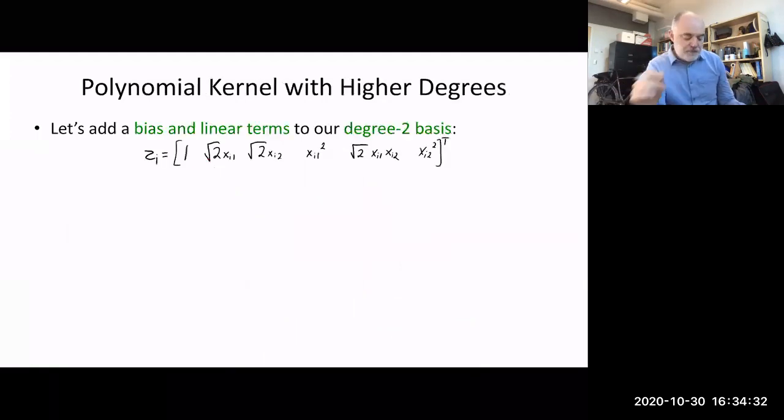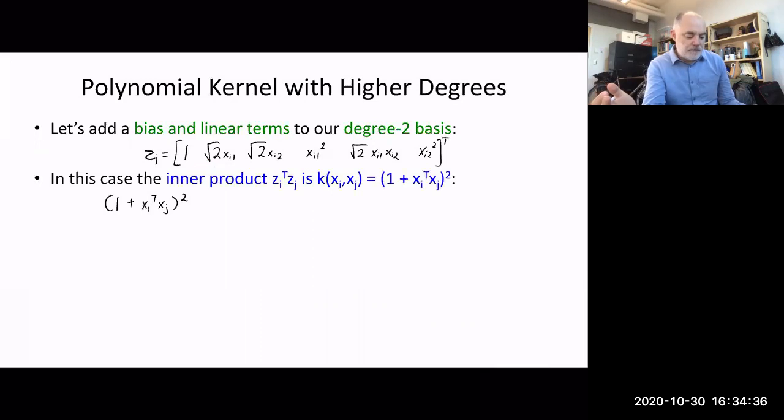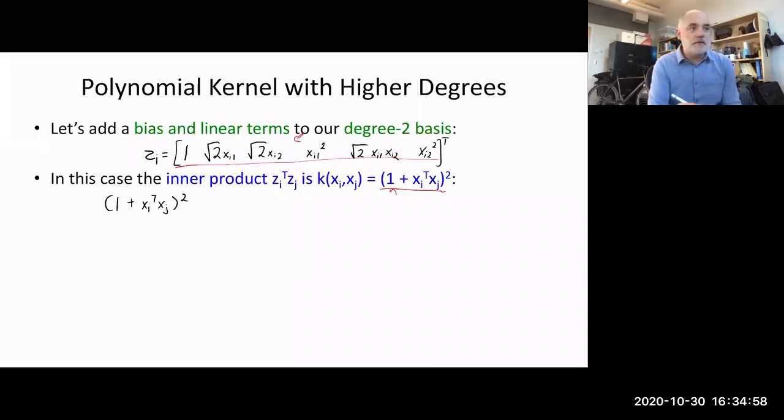Okay. What if we add a bias and linear terms to this degree 2 basis? So we say, okay, this is the basis we want to compute in, and what we can show is that if you compute the following kernel function, 1 plus the inner product of the original feature vectors squared, adding this 1 adds all of these terms to your basis.